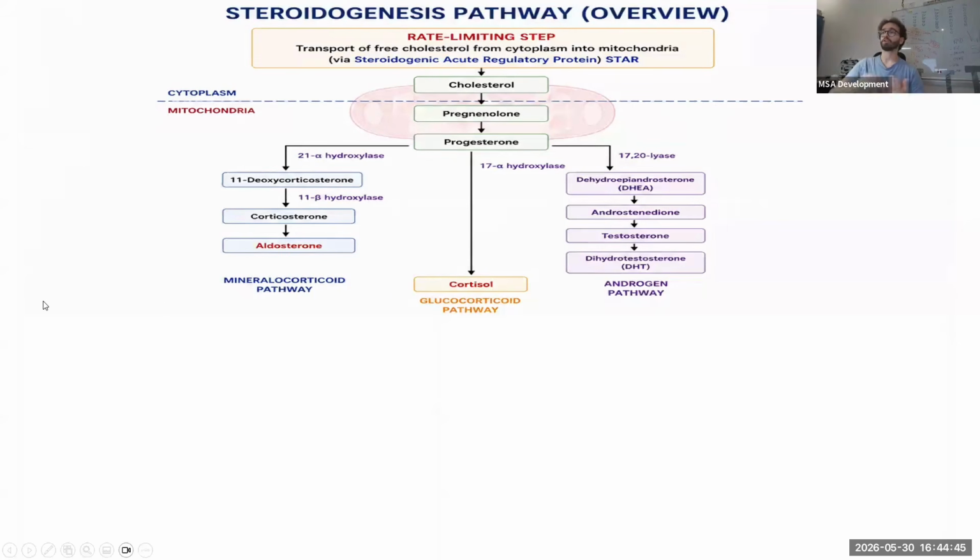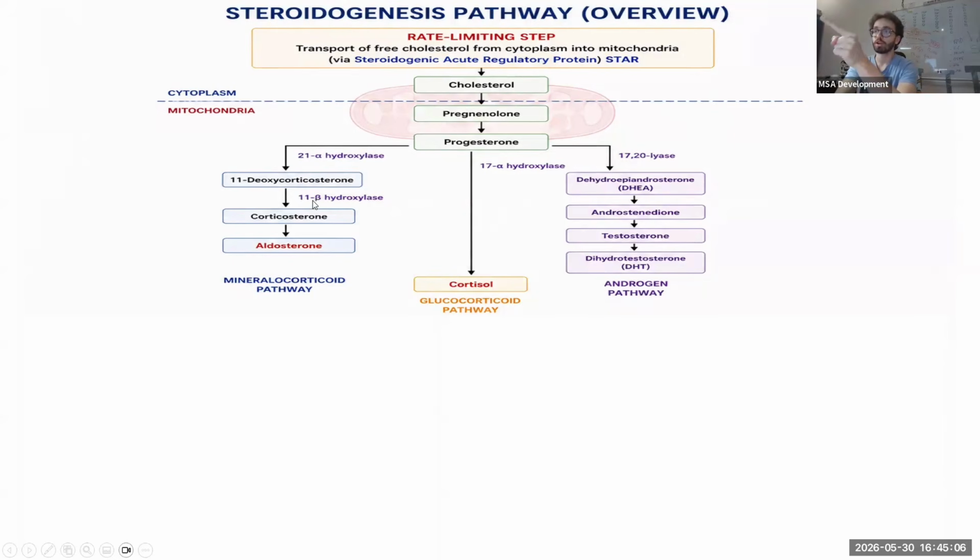So let's say a person doesn't have enough aldosterone. What will happen? Salt wasting. The salt will be excreted instead of retained. Two important enzymes I want you to know. 21 alpha hydroxylase, which changes progesterone into 11-deoxycorticosterone. I also want you to remember this, deoxycorticosterone.